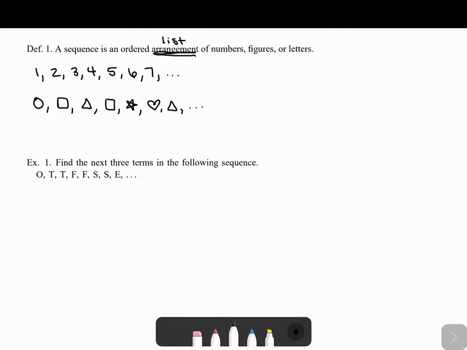So we can guess that the next term is E. But we're not just finding the next term, we're finding the next 3 terms. So if we guess that the next term is E, then what?